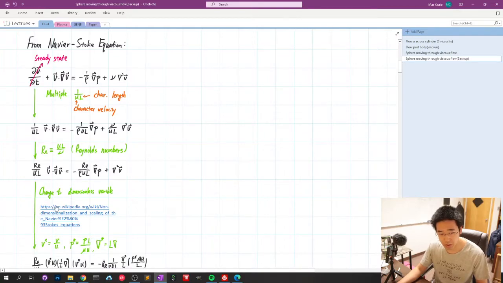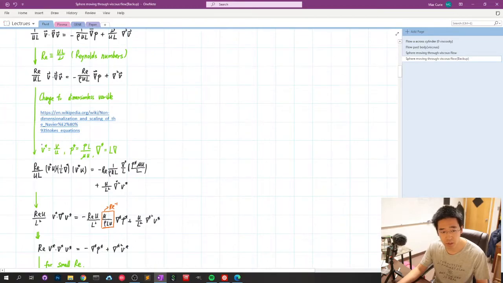Then we can change this to a dimensionless variable via this transformation. Basically, V star equals V over U, and P star equals P L over nu U, this is for low Reynolds number, and nabla star equals L nabla.